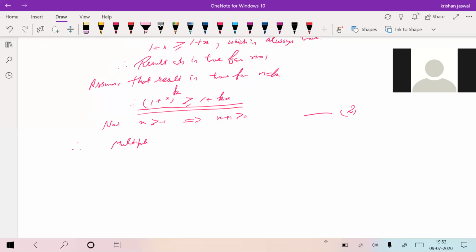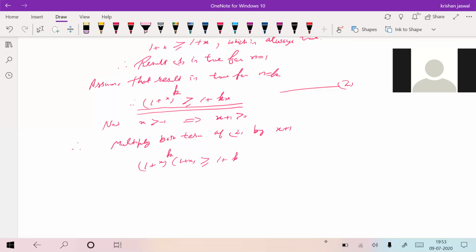We will multiply both sides of 2 by x plus 1. 1 plus x power k multiplied by 1 plus x, or x plus 1, same thing.